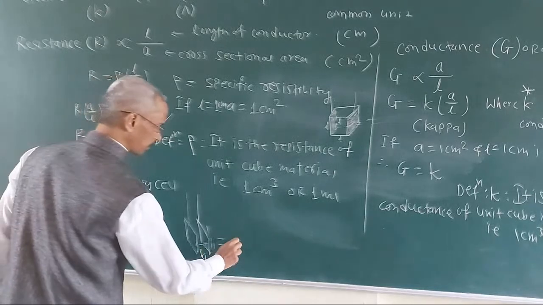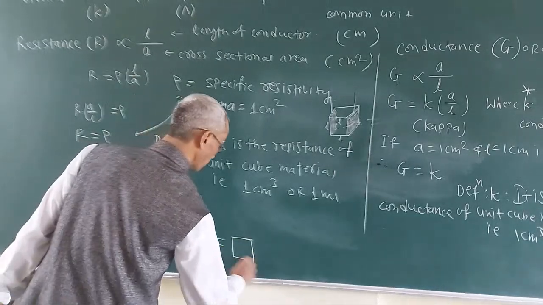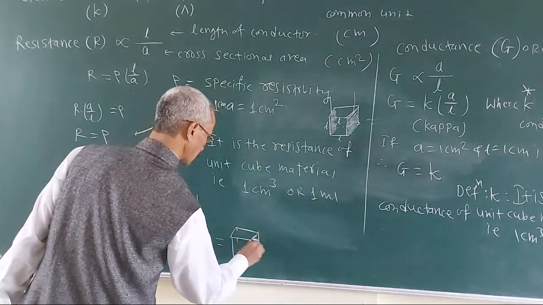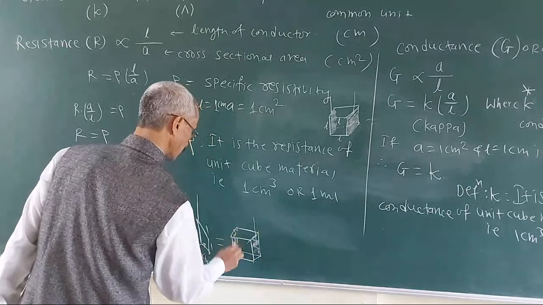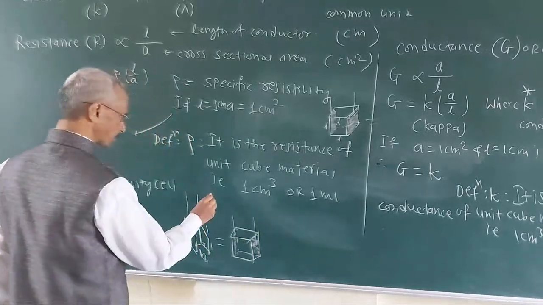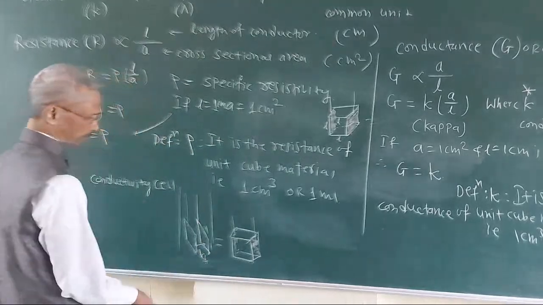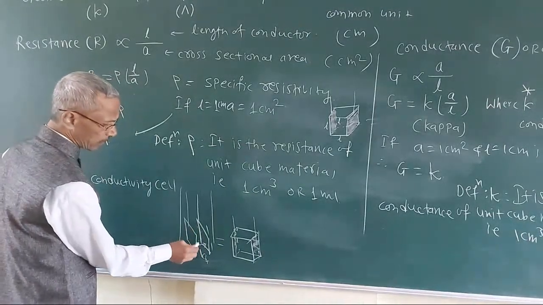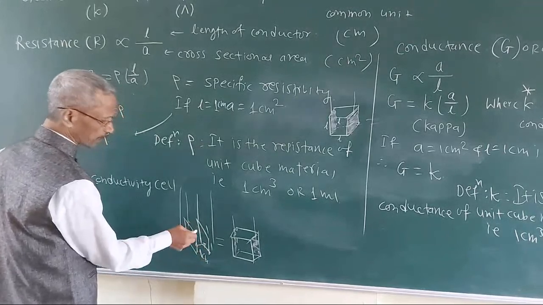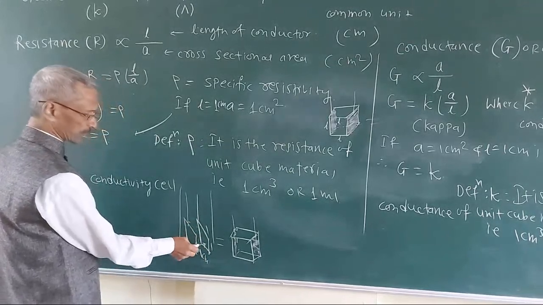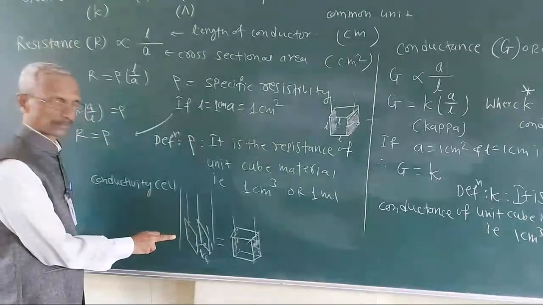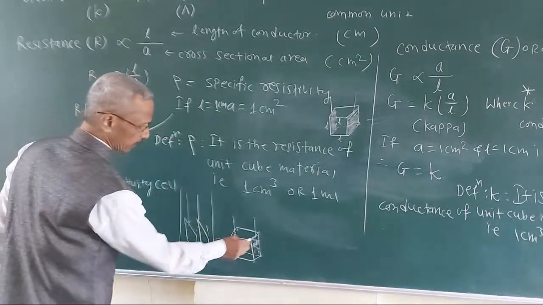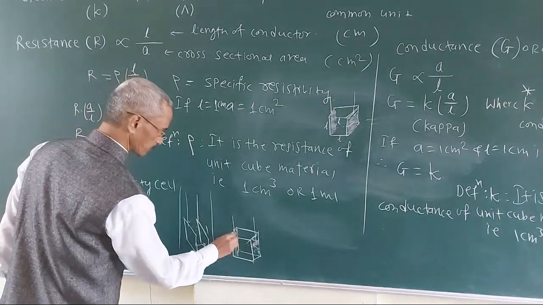So this is nothing but the 1 ml value. This is one electrode, and this is the other electrode, dipped in a solution. So whatever ions are in between, in this 1 ml of the material, that conductance is its specific conductivity.